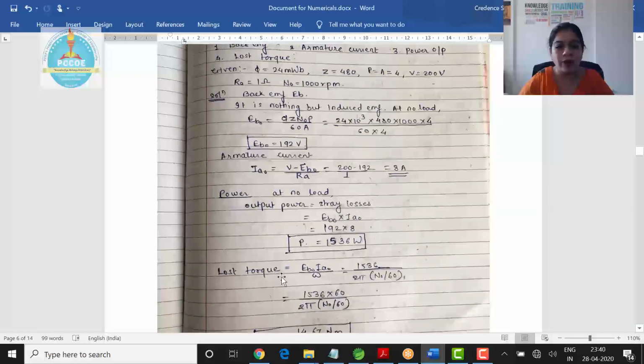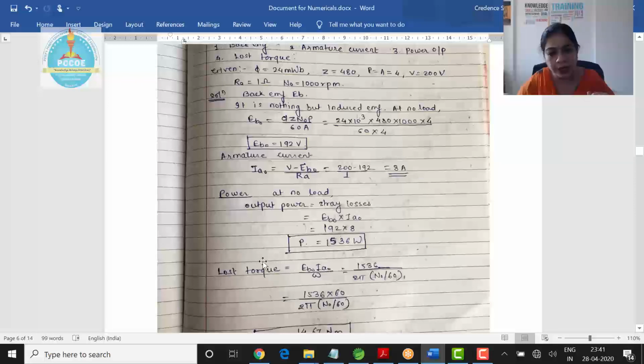Loss torque will be what? Loss torque is due to the losses. So EB0 into IA0 upon omega is equal to the loss torque. How does it come? Torque into omega is the equation of the mechanical power, and EB into I is the equation of the electrical power. Electrical power EB into I gets converted into mechanical power T into omega.